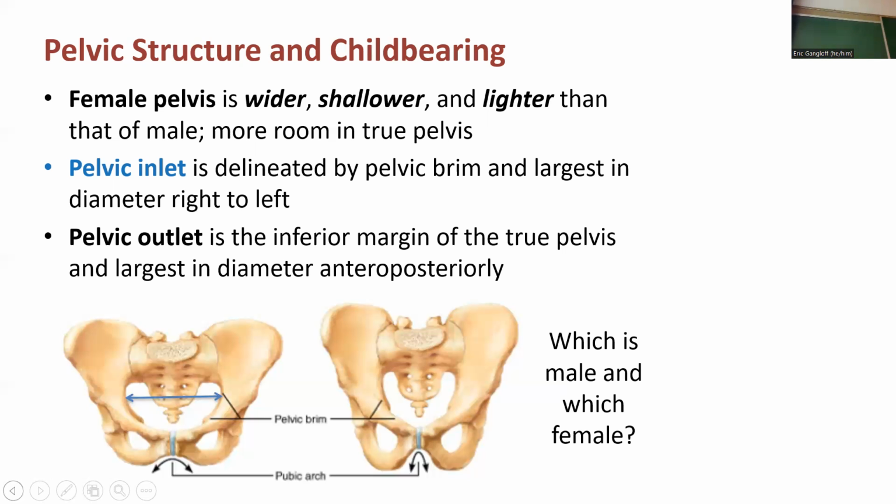So when a baby is born, it passes through here, generally head first. And in anatomical females, where there's the potential to give birth to children, it's advantageous to have a wider passageway there for a baby to pass through compared to a male's, where you don't have that.